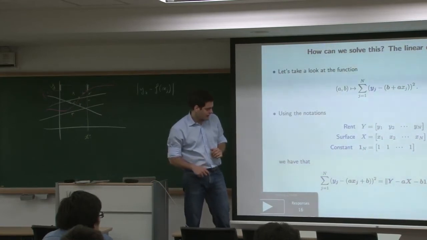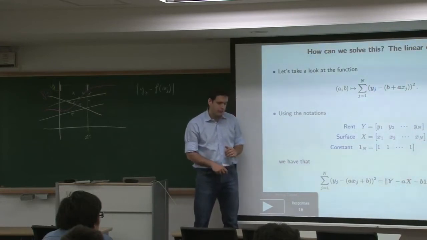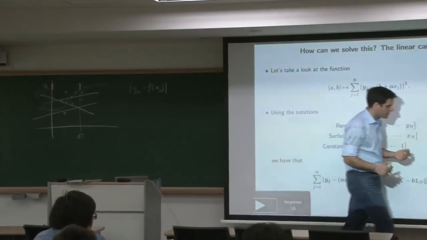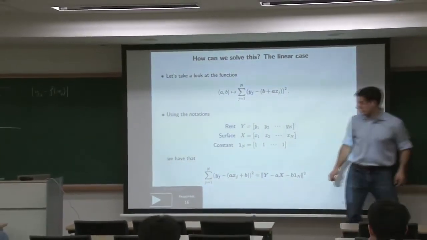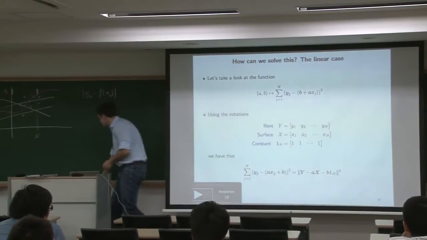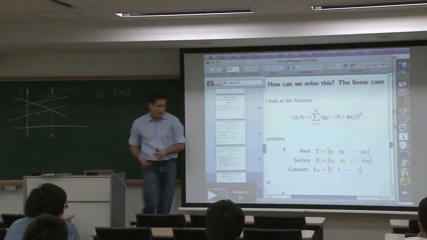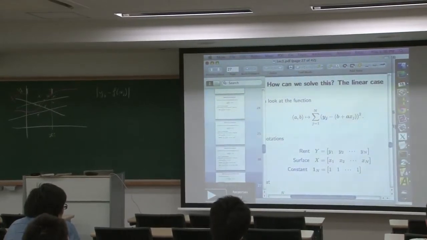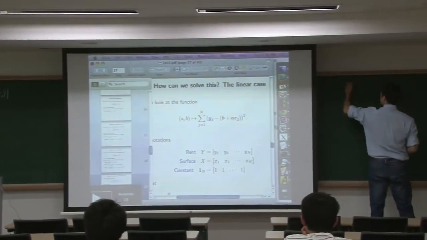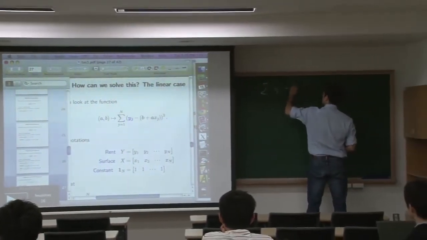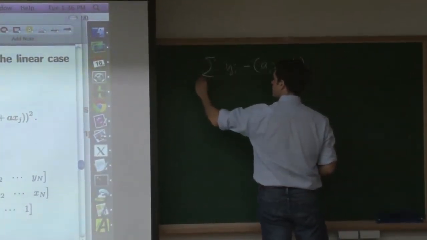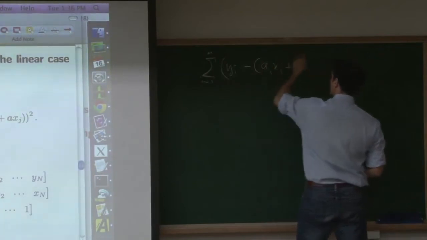If you think about it, this sum is just the norm of a vector. Okay? Why? Well, because it's the sum of yi minus a1xi plus b, i equals 1 to n, squared.